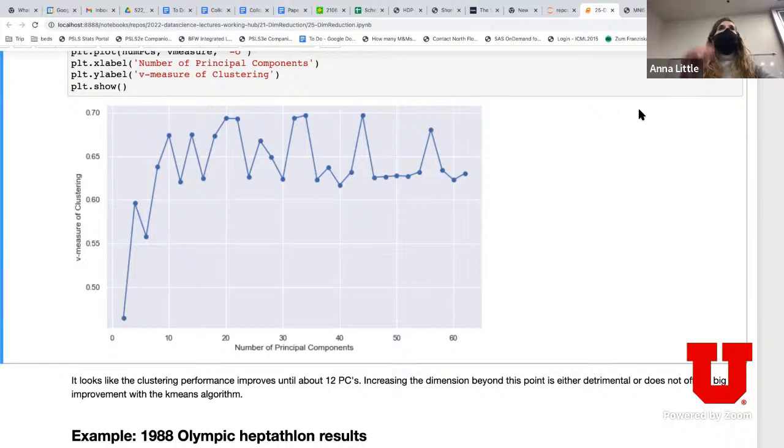But one thing that's helpful to think about is, maybe you want to say, I would like my PCA to explain at least 90% of the variance. If you have some kind of cutoff like that, then you can calculate how many dimensions you need to keep to get to 90% of the variance.